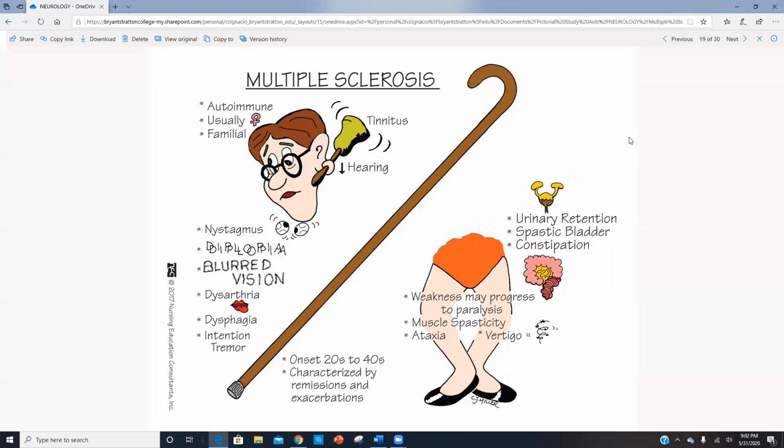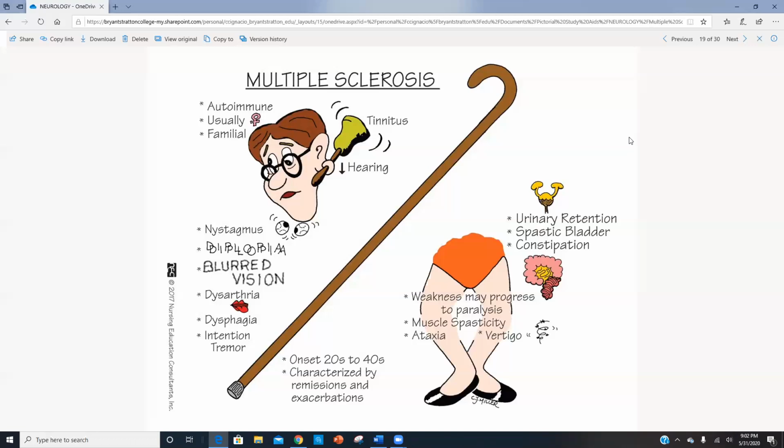The medications given to your patient with multiple sclerosis consist of immunosuppressants, and they also will be given medications for muscle spasticity and tremors like baclofen, gabapentin, and clonazepam. We also want to look for urinary problems and problems with constipation. So we will also look for issues with depression.